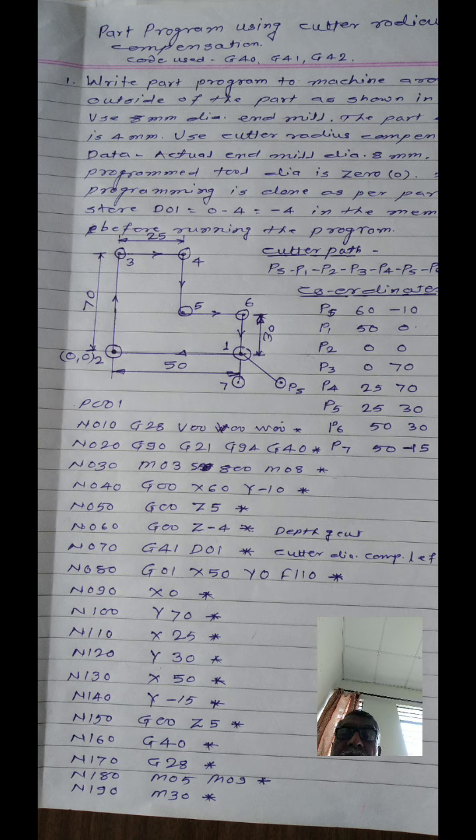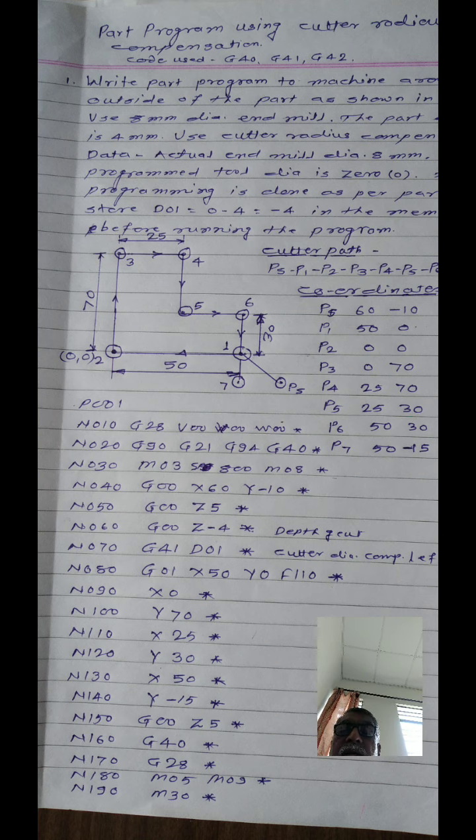Okay. Then you have to move the cutter from 6 to 1. What are the coordinates of point 1? That is X 50, end of the block. Then next block, as the operation is completed at point 1, you have to move the tool away from the workpiece surface, that is point 7. What are the coordinates of point 7?